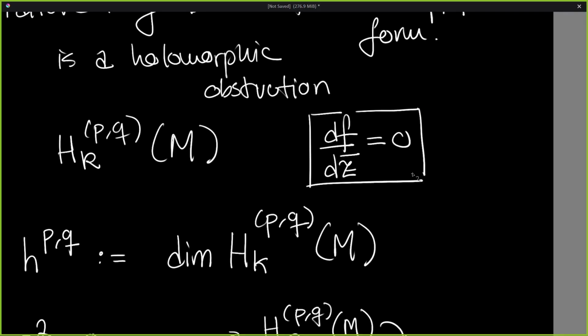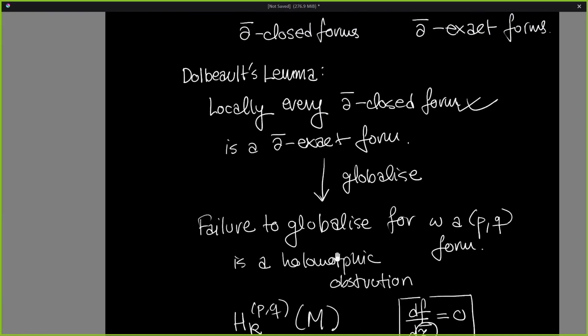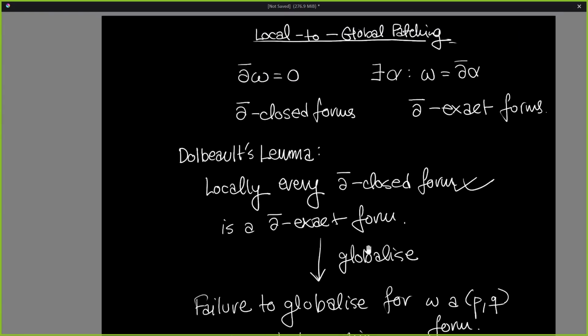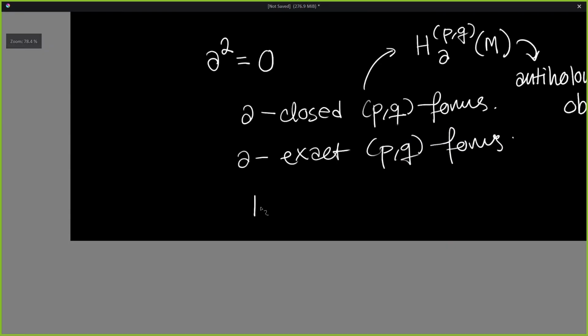If something doesn't depend on the anti-holomorphic coordinates, then it is a proper holomorphic function. In a similar vein, we use partial bar to detect holomorphic obstructions because if it doesn't depend on partial bar, then it's holomorphic. If it doesn't depend on partial, then it's anti-holomorphic. So that's the reason for the flip.